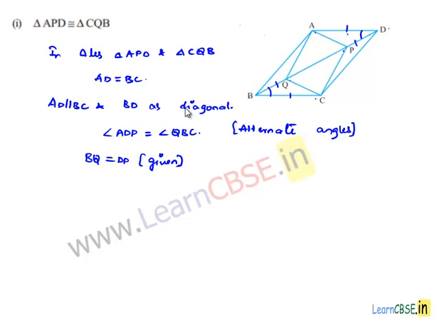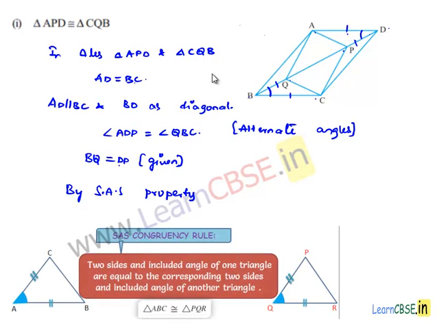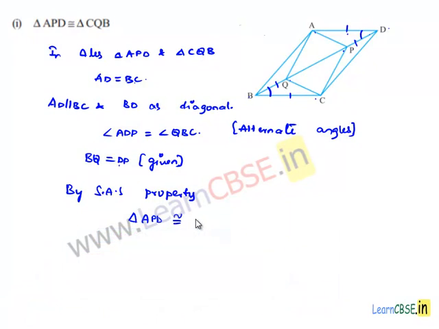Now here, if we observe, in both the triangles, the two corresponding sides and included angle between them is equal. So we can say by SAS property, both the triangles are congruent, that is triangle APD is congruent to triangle CQB.